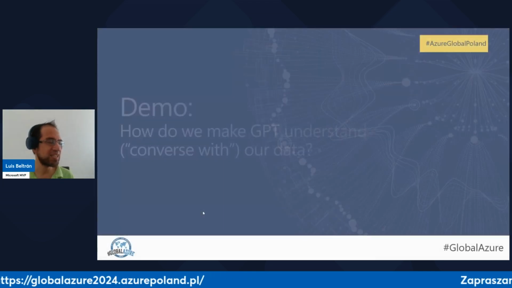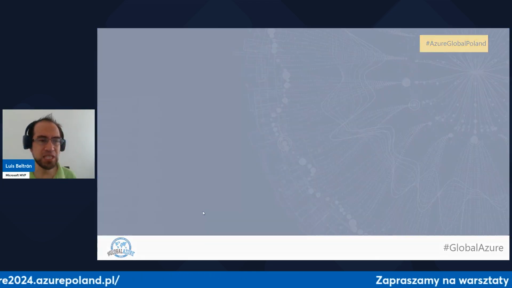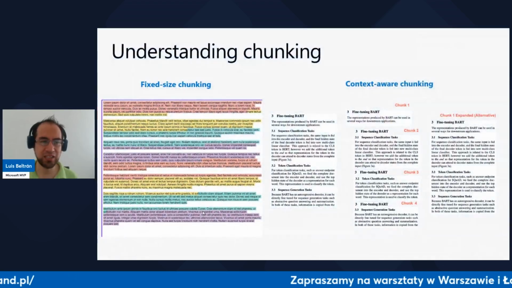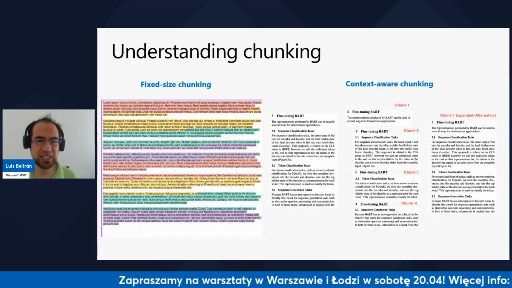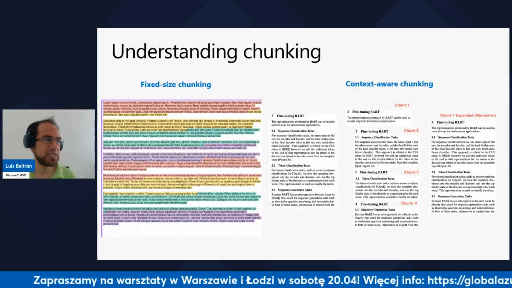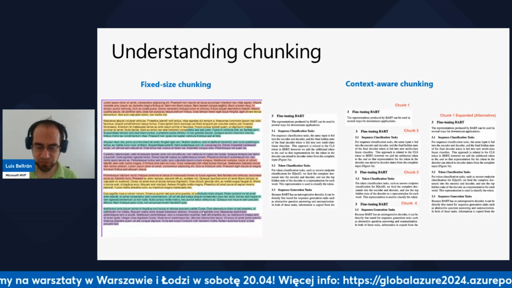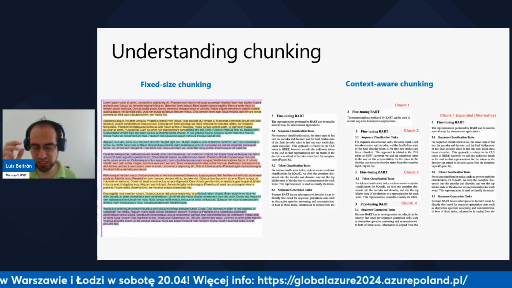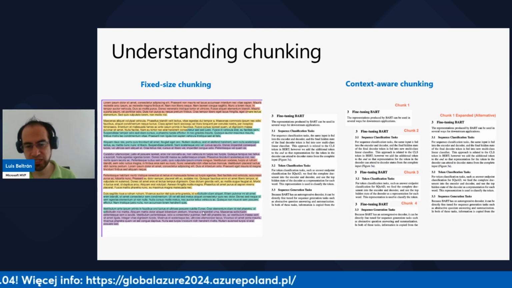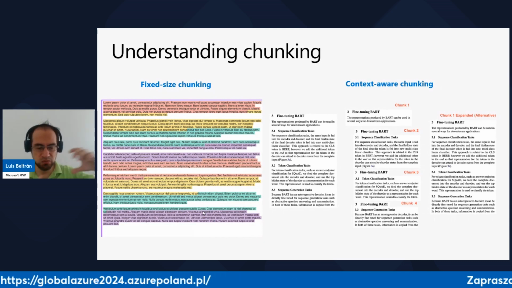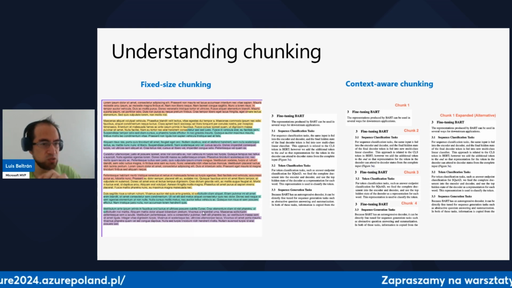The last slide is that these embeddings work by chunking the data. There are two types: fixed size and context aware. Fixed size means that it creates chunks and converts the embeddings for every paragraph. Every paragraph is a new embedding, a new chunk.